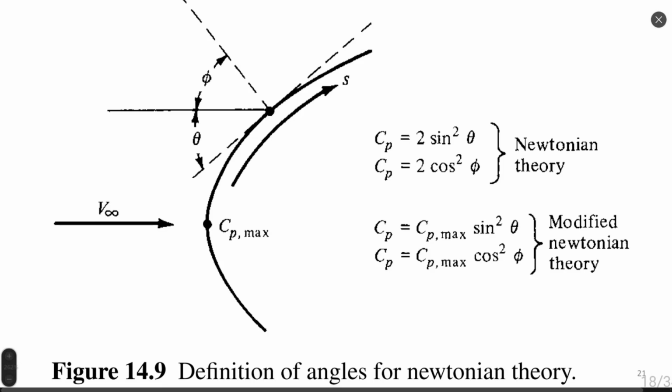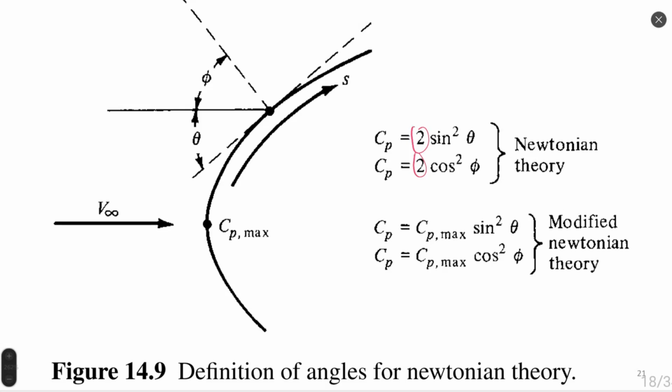Newtonian theory can be used not just for planar bodies, but also for curved bodies, as you may see on figure 9. There are two approaches: one is called Newtonian theory, the classical one, and modified Newtonian theory for arbitrary bodies, where these two formulas are close, but as a reference for Newtonian theory the coefficient 2 is used.